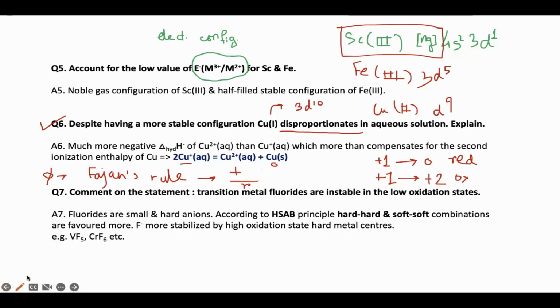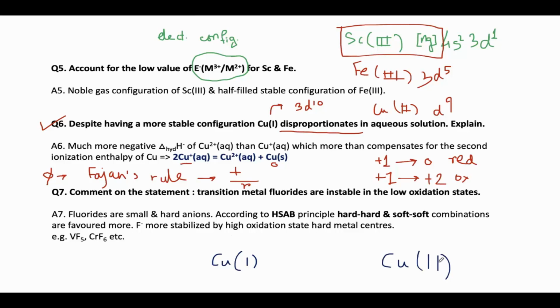Now let's talk about this Cu+ and Cu2+. Which one has the greater phi? Since the charge of Cu2+ is greater than the charge of Cu+, the nucleus will show extra power over the electronic environment.